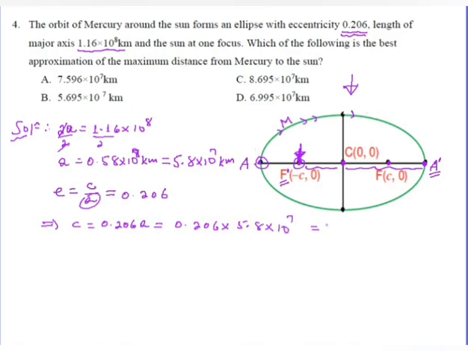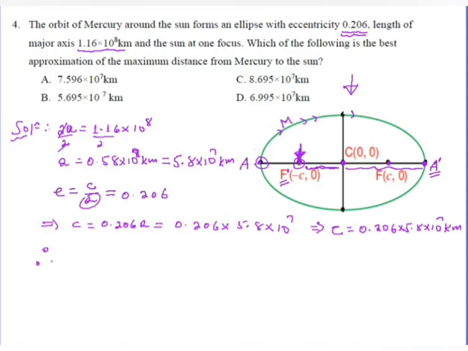So let's keep this as it is. Okay, so our c is 0.206 times 5.8 times 10 to the power of 7 kilometers. This is the value of c, or the distance from the center to one of the foci.